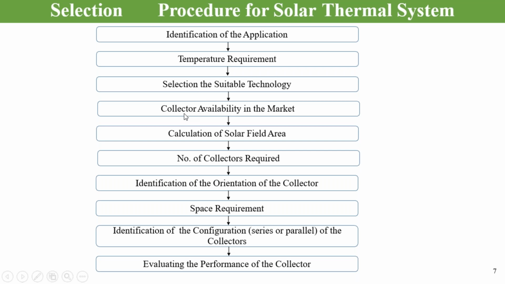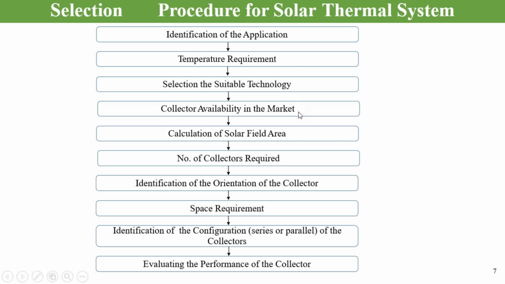Now again, coming to the collector availability in the market. Is it available in the market? Suppose some collectors are not available. Linear Fresnels are not manufactured in India, and that is why it also depends on the market.